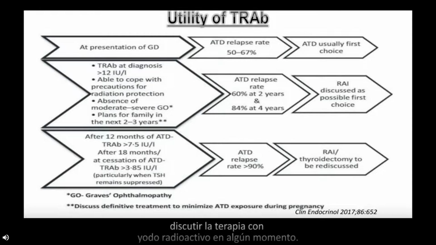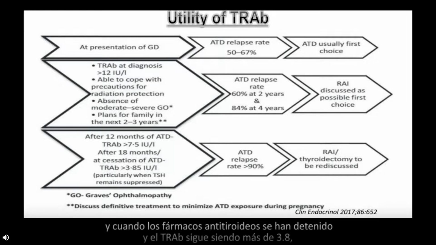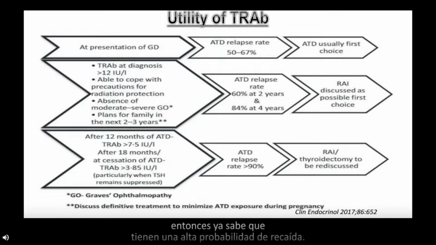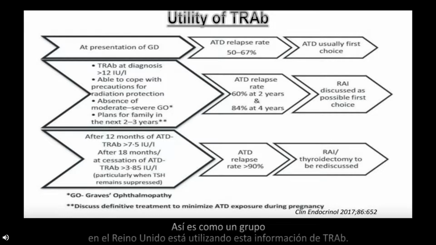Now, if the TRAB is more than 7.5 after 12 months or after 18 months, and when the antithyroid drugs are stopped and the TRAB is still more than 3.8, then they have a high likelihood of relapse. So either we continue giving antithyroid drugs or consider other treatment modalities. So this is how one group in the UK is using this information of TRAB.